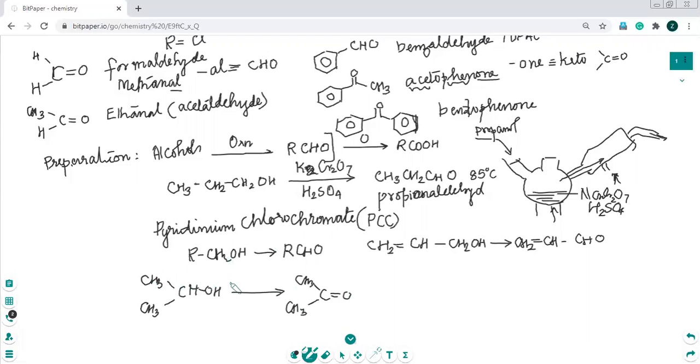You can use any of the oxidizing agents for this: potassium permanganate, chromium trioxide, all of these. Even PCC will do the same job. Again, if we have a structure like this one, here you require PCC only.